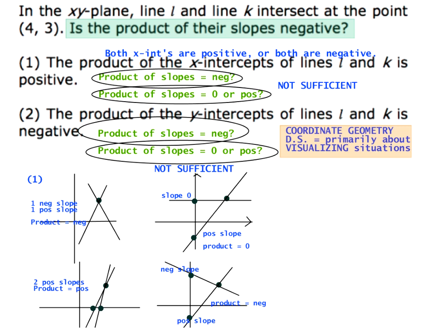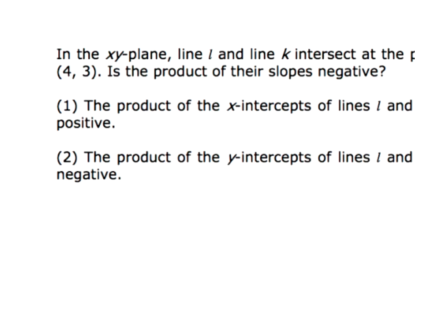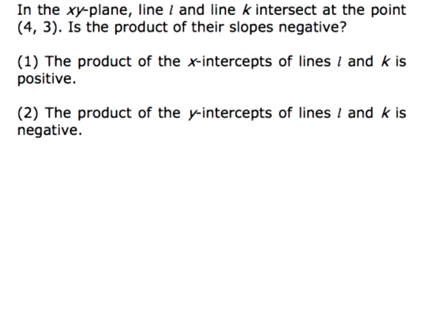So let's take this to the next page, because we are running out of space here. Okay, combined. So again, let's put those things that we're trying for again. So we want product of slopes equals negative, product of slopes is 0 or positive.